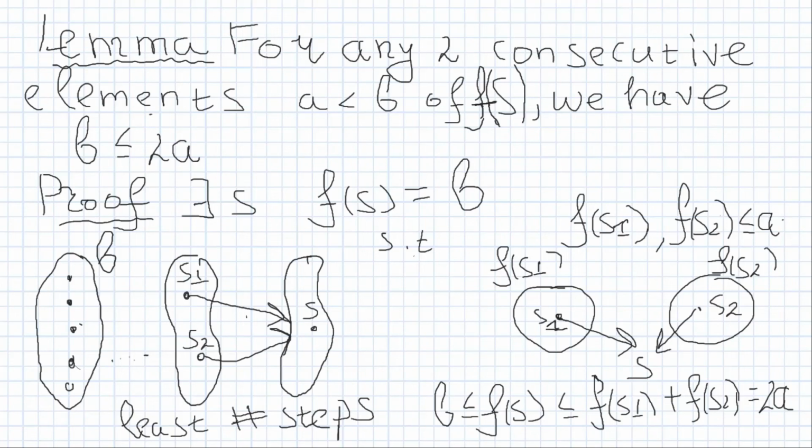So why do we have this inequality? S1 can occur from f of S1 birds, and S2 can occur from f of S2 birds by definition of f. So if we consider f of S1 plus f of S2 birds, and we split these birds into two parts, one with f of S1 birds and the other with f of S2 birds, the first part can give us S1, and the other part can give us S2.